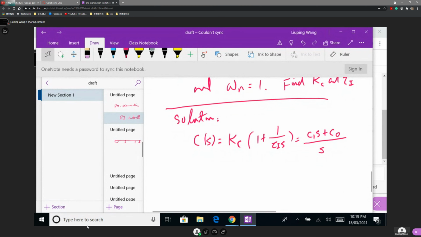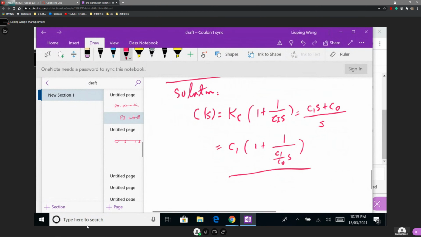If I compare those two, C1 and then 1 plus 1 over, and C1 over C0, I can write it that way. Comparing, I get Kc equal to C1, and tau I equal to C1 over C0.